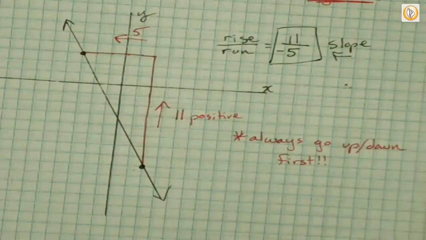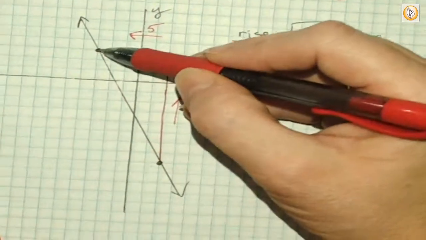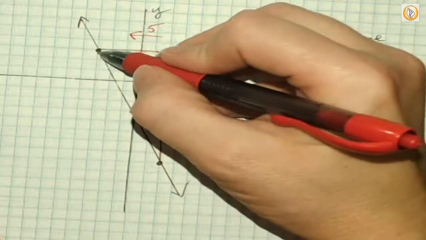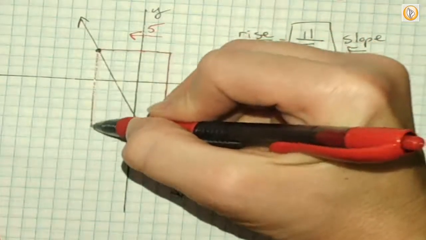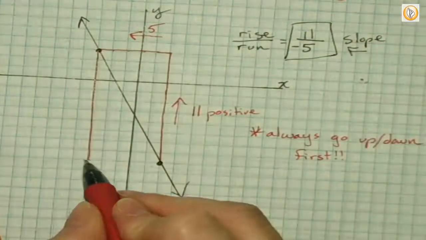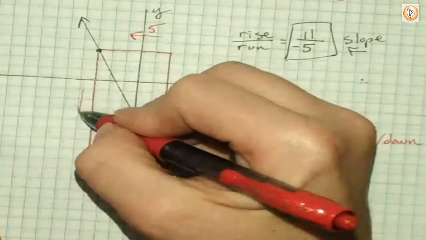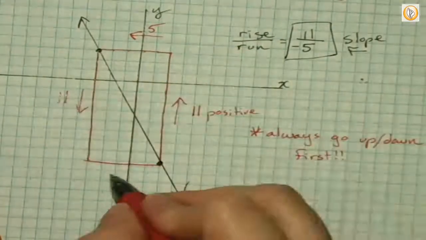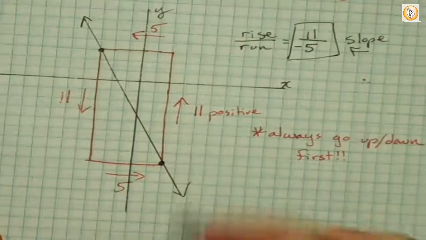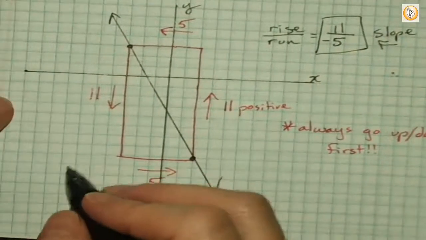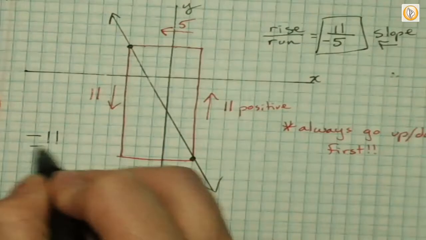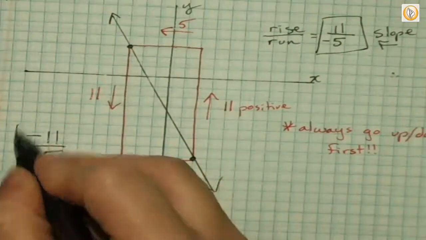However, what if I started at this dot here and I went down and then over, right? If I went down 11 and then right 5, what would that one be? Negative 11 over positive 5.